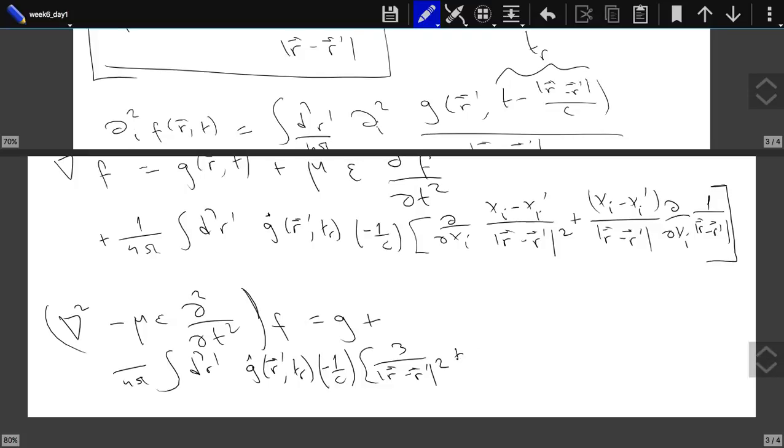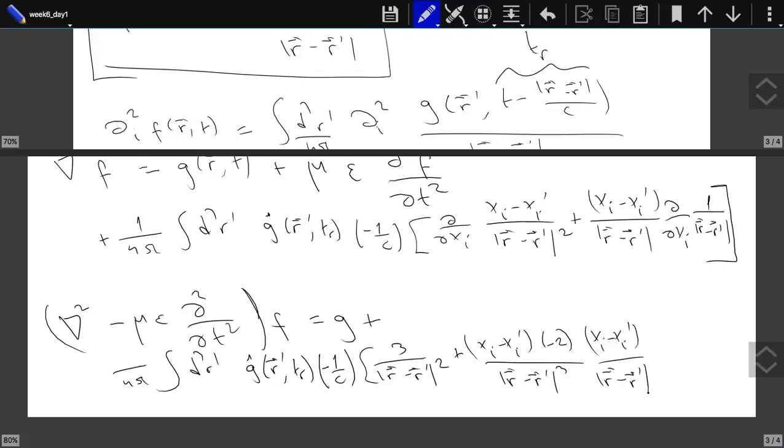Plus xi minus xi prime times minus 2 over, let's say, r minus r prime cubed, times the derivative of r minus r prime with respect to xi, and we had already calculated it to be xi minus xi prime over r minus r prime. That is the derivative of the first term. Well, we can even make more simplifications.